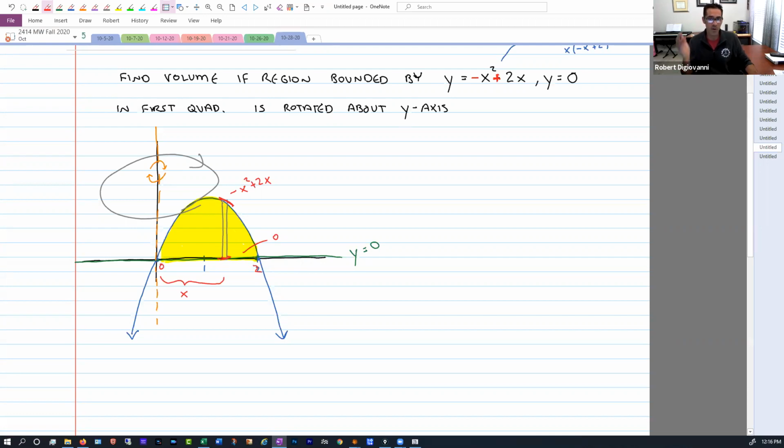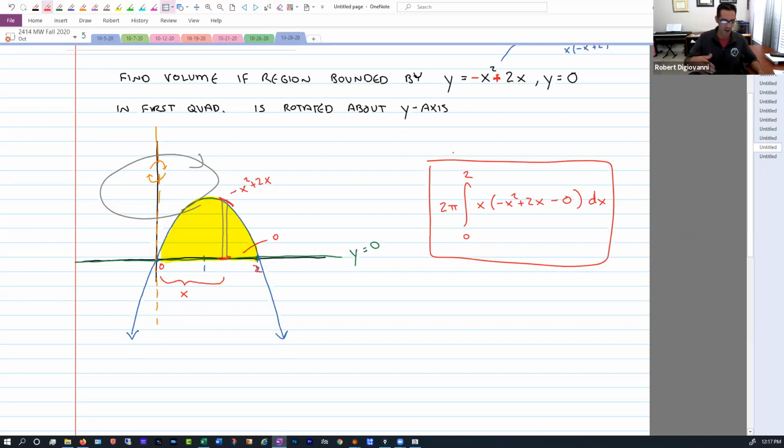There's really nothing else more, right? 2 pi integral 0 to 2 of x times top minus bottom. I'm going to put 0 here even though we don't need it. dx. We could clean that up, but understand?